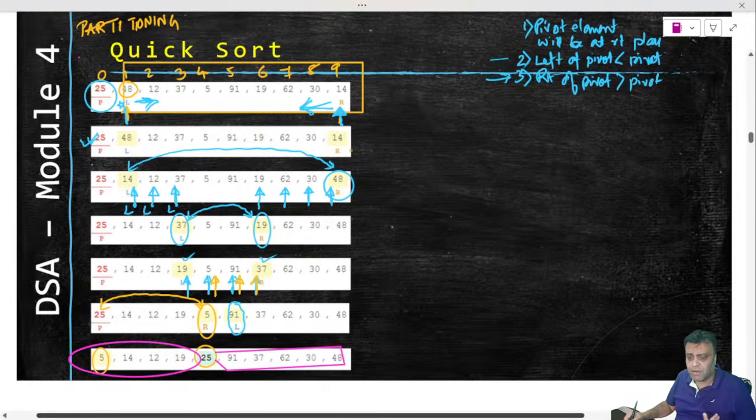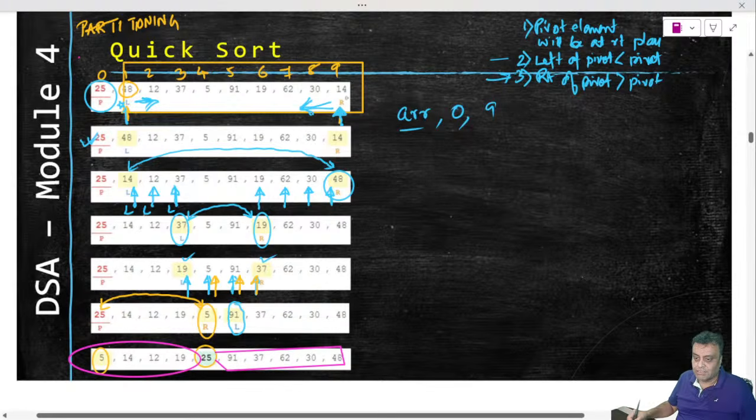Once the pivot is identified in the correct location, it is partitioning the entire array into two smaller arrays. Right? So if I am given this array, and somebody tells me the lower bound of the array, which is let's say 0 in our case, and the upper bound of the array, which is let's say 9 in our case.